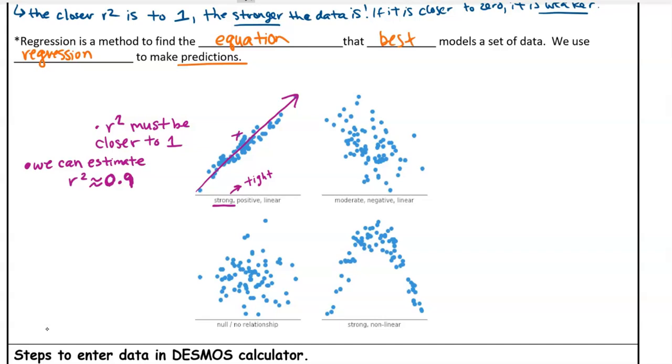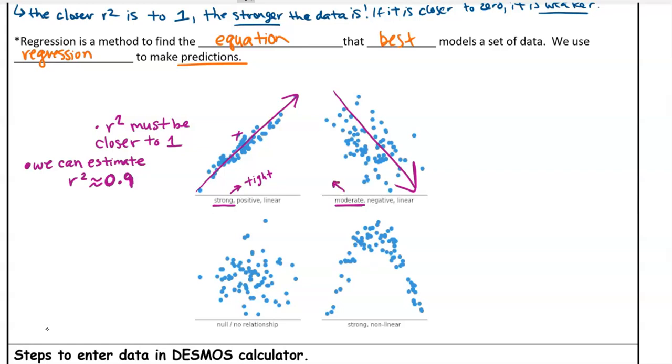All right, let's look at this next one. The one to the right, notice how the data is kind of all over the place, but it is going downward. So that would be like a negative slope. Still linear. It's not making any shape other than a very loose line. So here the data is moderate.